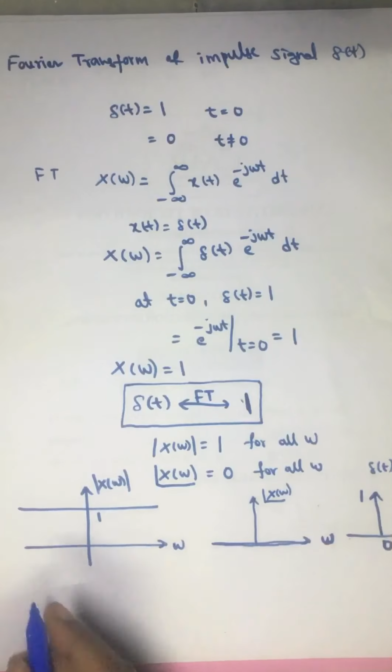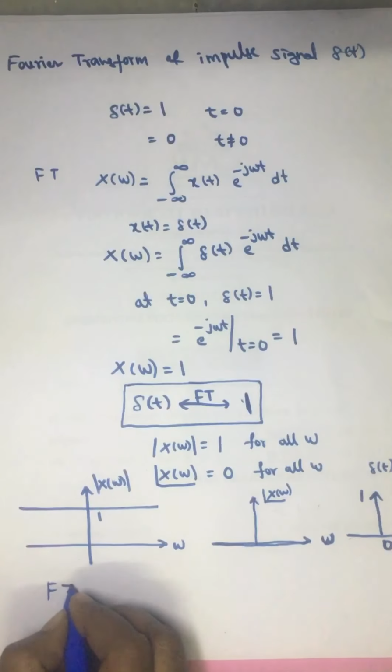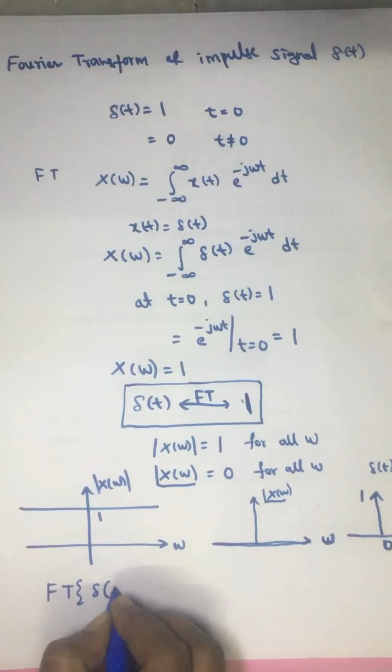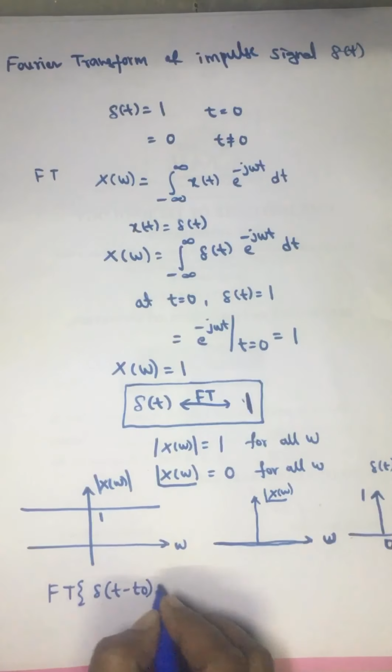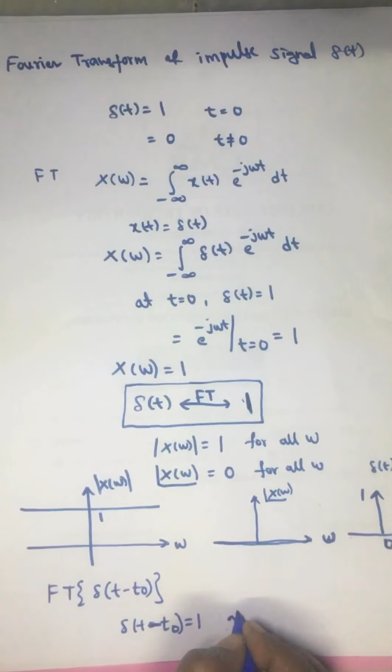Okay. Now similarly, if you want to find out the Fourier transform of δ(t - t0), we know that δ(t - t0) will have value 1 at t = t0.